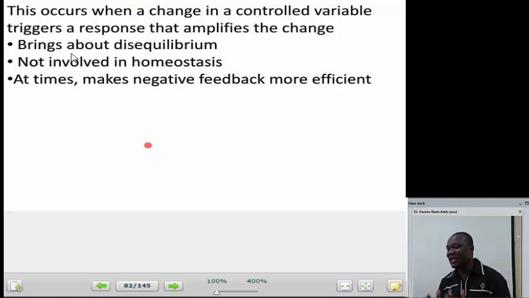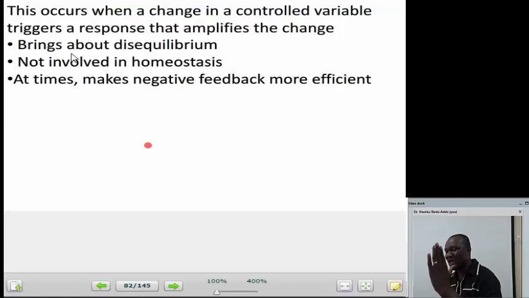We saw that in negative feedback. In negative feedback, the change would generate a response that would counteract or oppose the change. In positive feedback, a change would generate a response that would amplify the change or reinforce the change.